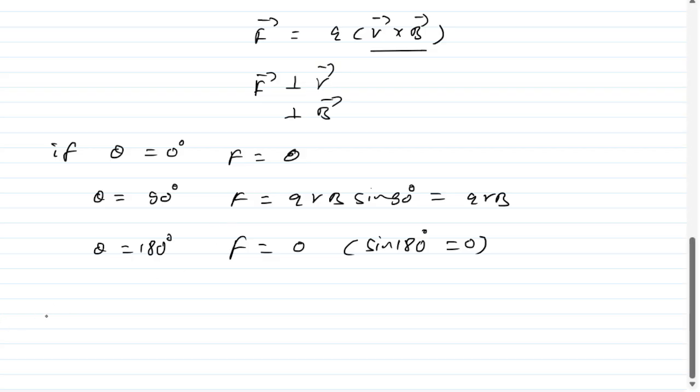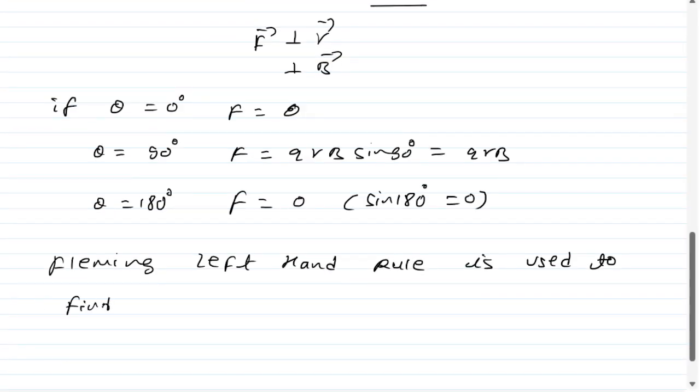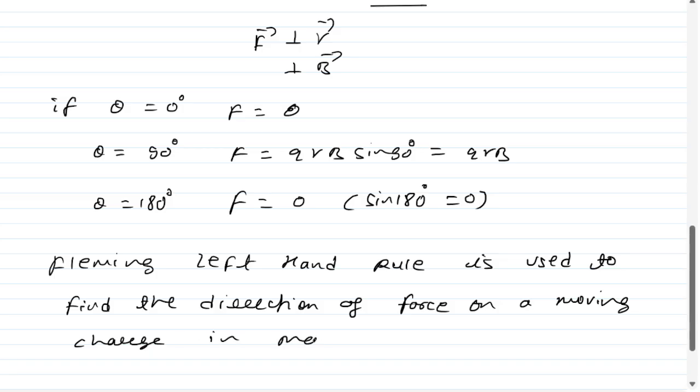Fleming's left hand rule is used to find the direction of force on a moving charge in a magnetic field.